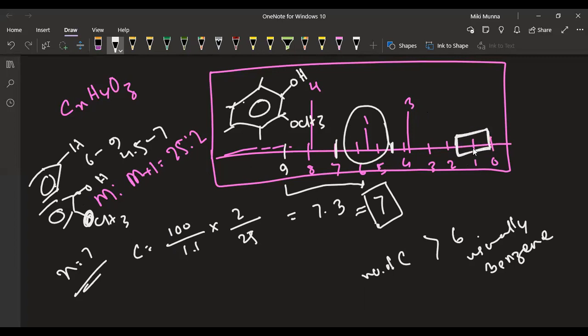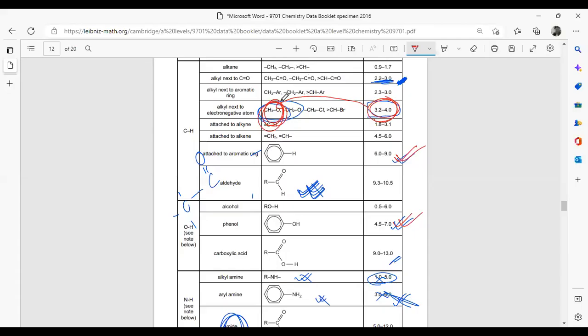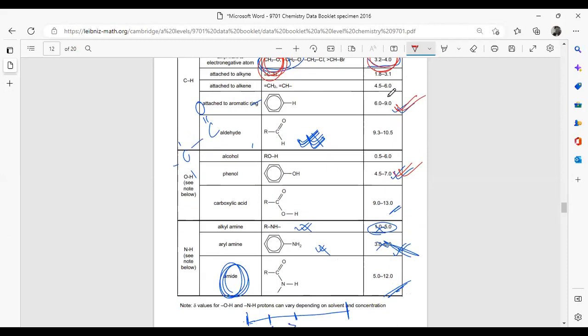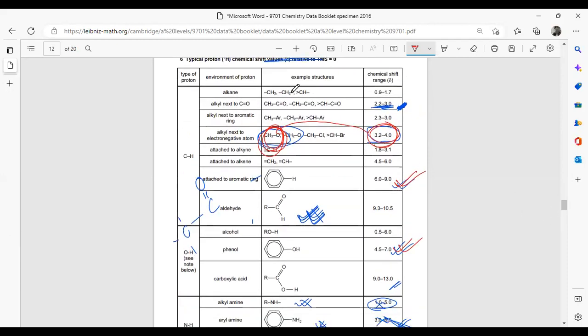But just observe from the data booklet, there's no such group where CH3 on benzene is mentioned. If it is not mentioned, then we have to stick with this value. Since we don't have any reading in 0.9 to 1.7, one possibility is this one, from 3.2 to 4.0.